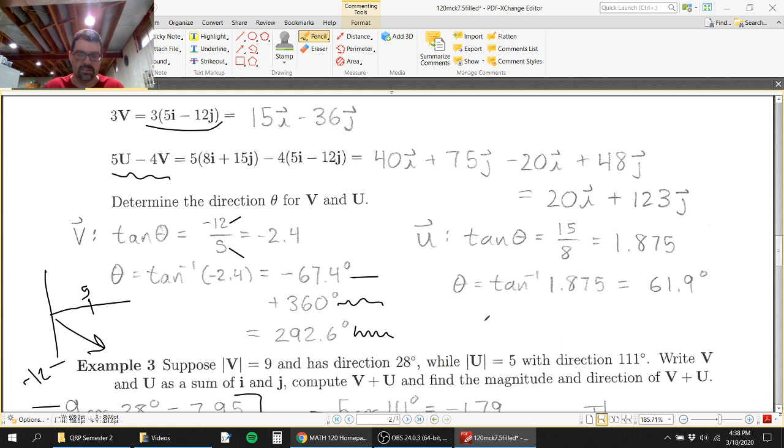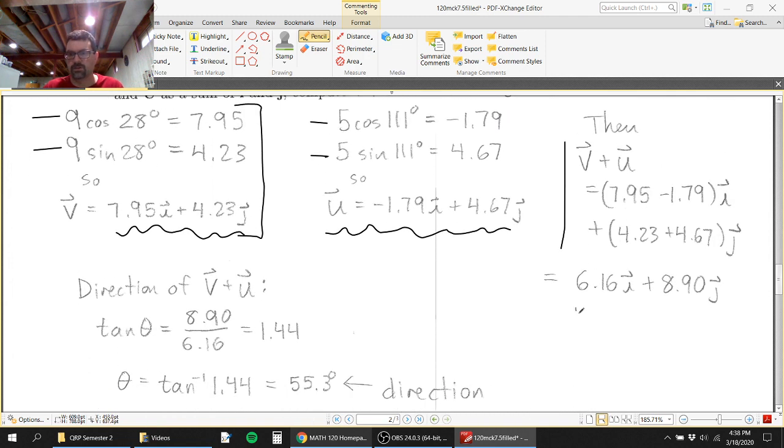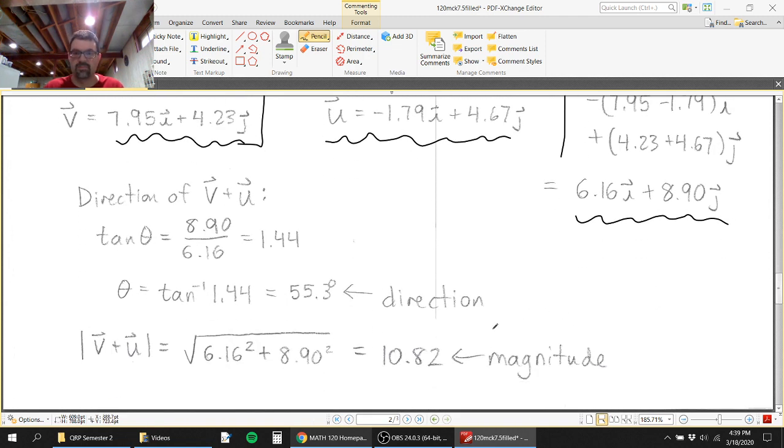We just add 360 to make it spin around and get a coterminal angle. We do the same thing for u, we get a positive number here, we get a quadrant 1 angle. So down here, once we know what v plus u is, Pythagorean theorem will get us the length of it, the magnitude, and the same tangent process would give us the direction that it points in.